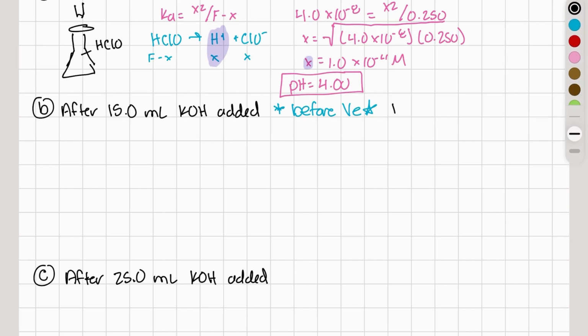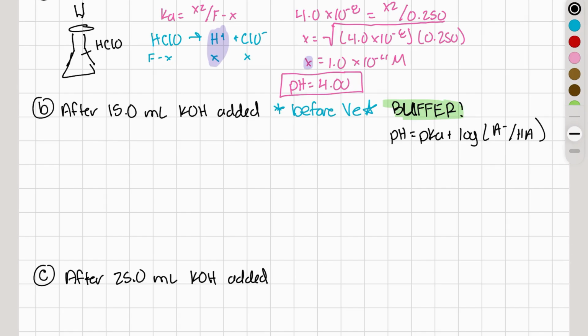So at this point, we have a buffer. And anytime we have a buffer, I hope that we think of the Henderson-Hasselbalch equation, which is pH equals pKa plus the log of A minus over HA.